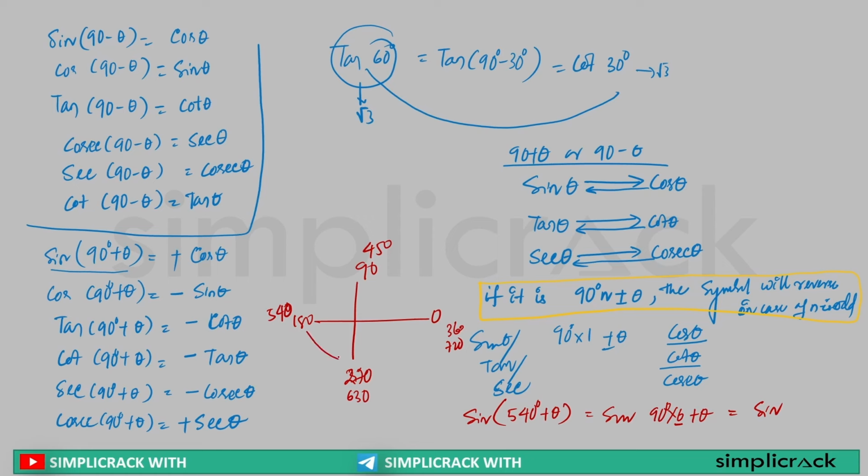That means the value will come in this range, 540 to 630. In this range, only tan and cot are positive. That means sin theta is negative. So the value is minus sin theta. Clear? Yes or no? So in such cases, you will see the values are getting changed depending on the nth factor and which quadrant it is coming in.